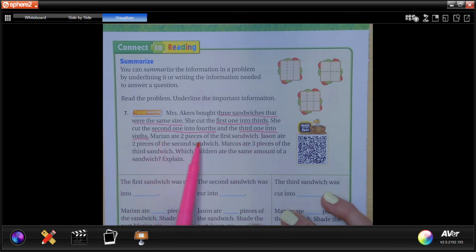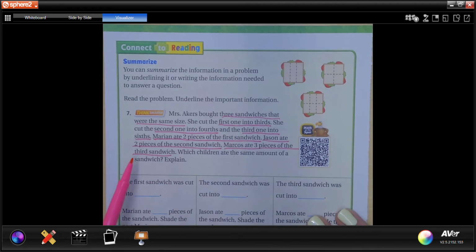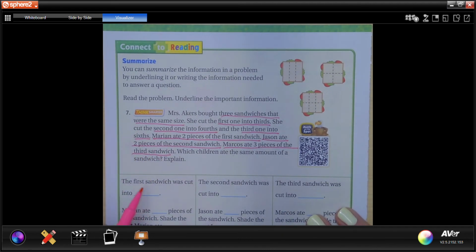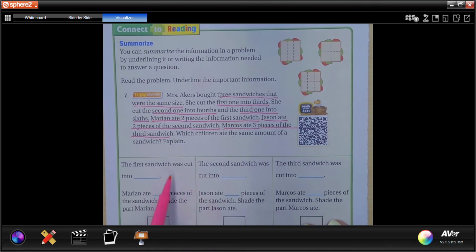Marion ate 2 pieces of the first sandwich. Jason ate 2 pieces of the second sandwich. Marcos ate 3 pieces of the third sandwich. Which children ate the same amount of sandwich? Explain. Okay, so the first sandwich we know was cut into thirds.